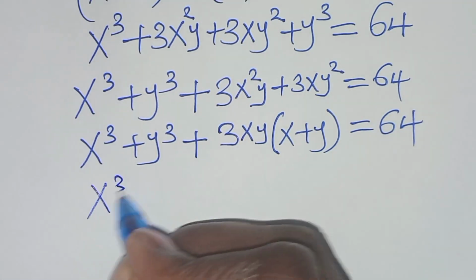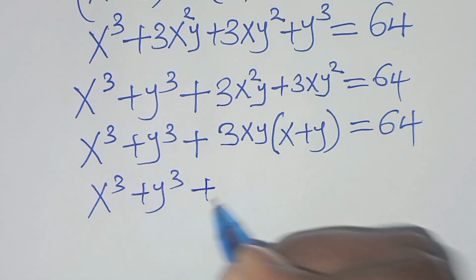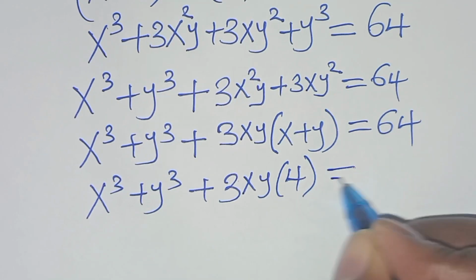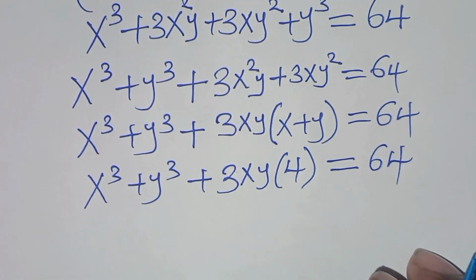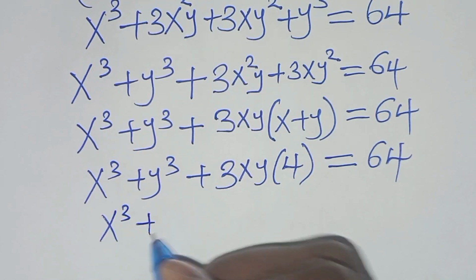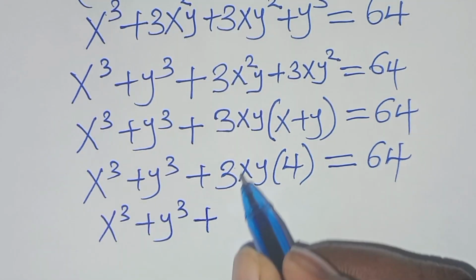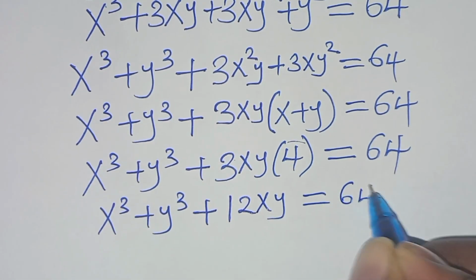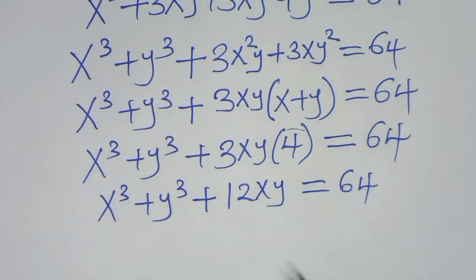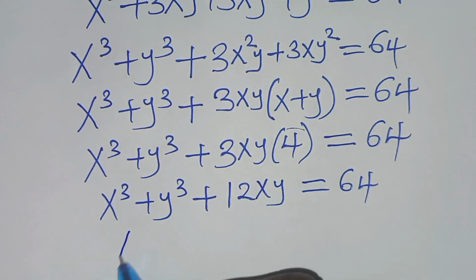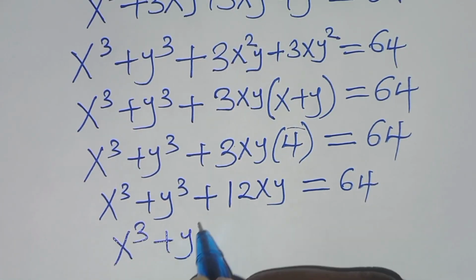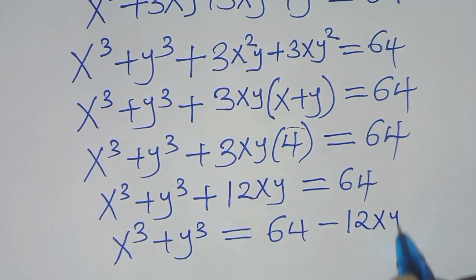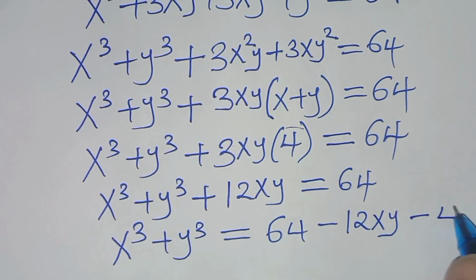You have x to power 3 plus y to power 3 plus 3xy times 4, equal to 64. So here we have x to power 3 plus y to power 3, plus 3 times 4, which is 12xy, equal to 64. So let's take 12xy on the right hand side. You have x to power 3 plus y to power 3 equal to 64 subtract 12xy. And let's call this equation 4.